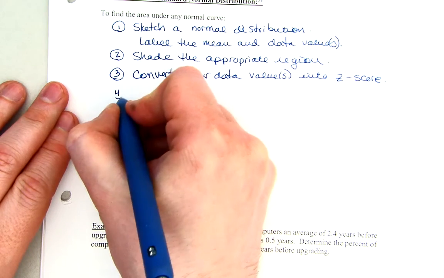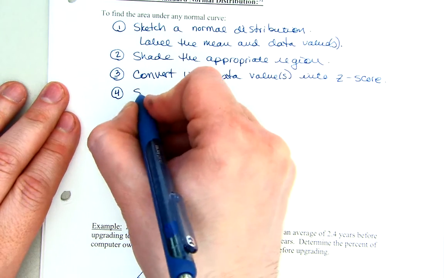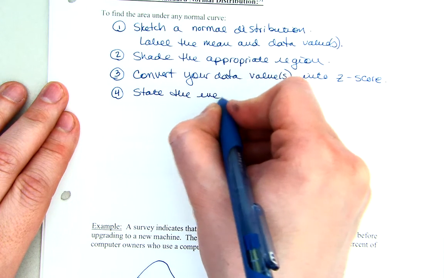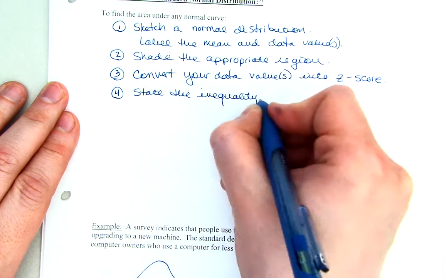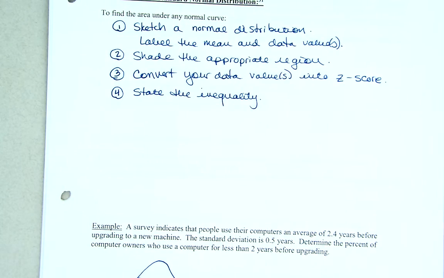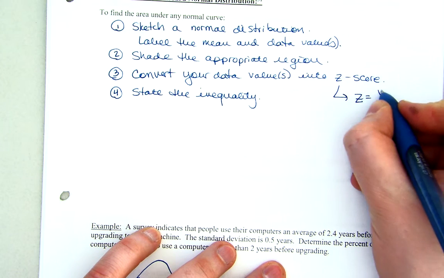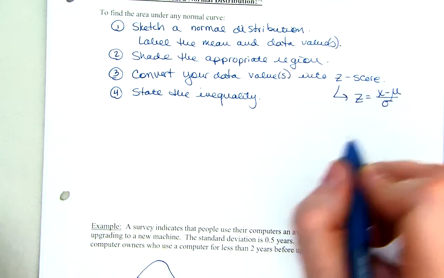And then we're going to rewrite our inequality in terms of z-scores. We are going to state the inequality. Remember that our formula for z-scores is our z-score is our data value minus the mean mu over the standard deviation sigma.